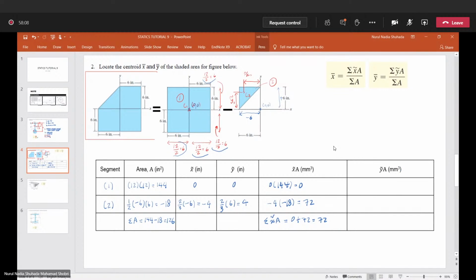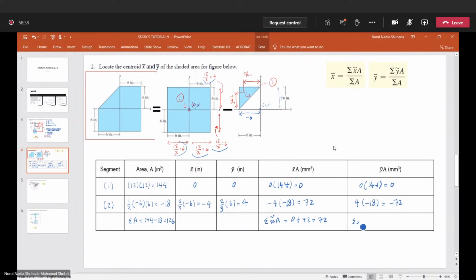And now we proceed with the centroid y times area. 0 times 144 equals 0. And for segment 2, 4 times -18 equals -72.